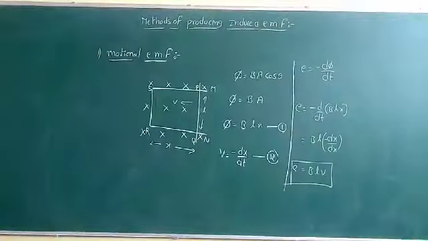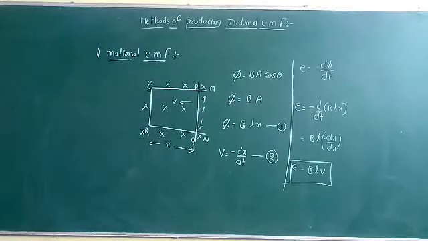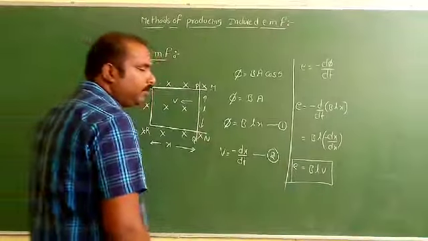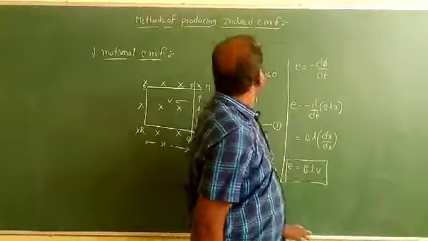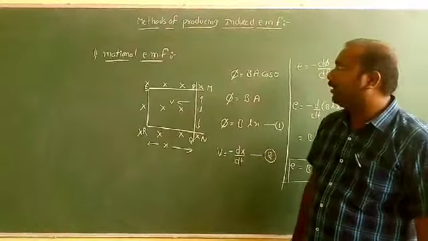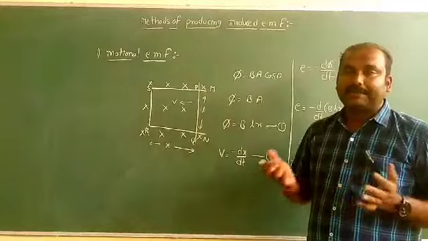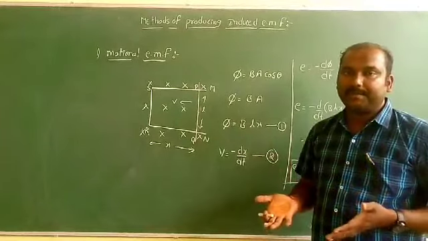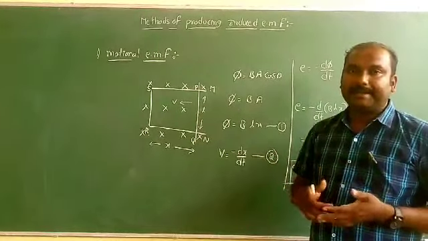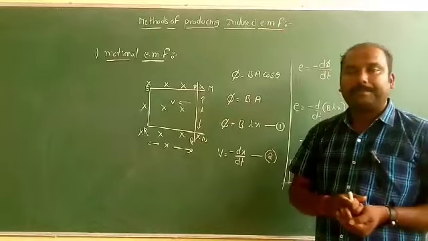So once again, all of you see the derivation and everything once again. See, EMF can be produced by using different methods. What are they? By changing the number of turns, by changing the flux, by changing the area, by changing the magnetic field, by changing the orientation, EMF can be produced.